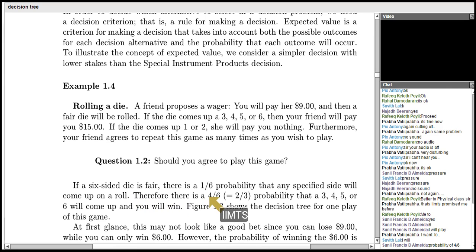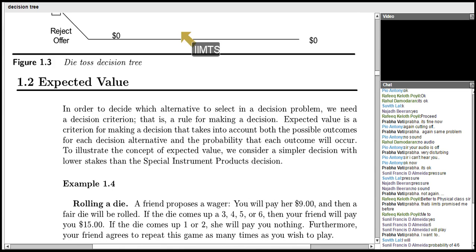Therefore, there is a 4 on 6 probability that you will win, because 4 numbers will come up. Now, figure 1.3 shows a decision tree for one play of the game. Let's look at figure 1.3. That is what is up there. I said I was going to come back to it.